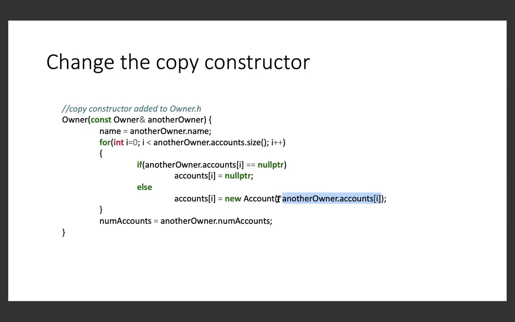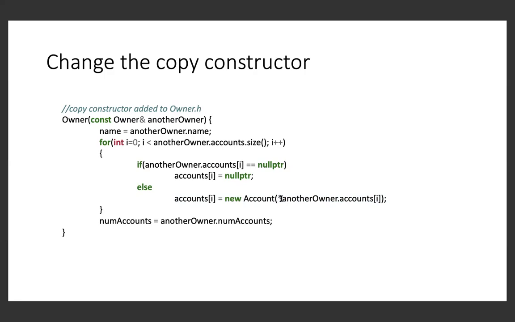And what we're doing is that we are dereferencing that pointer. So what this means is that whatever address is stored inside this pointer in the another owner accounts, dereference it, go to that memory address and get me that object. So it's going to get that object and pass it to this account constructor, and this will make a copy of it. So this is a copy constructor here.